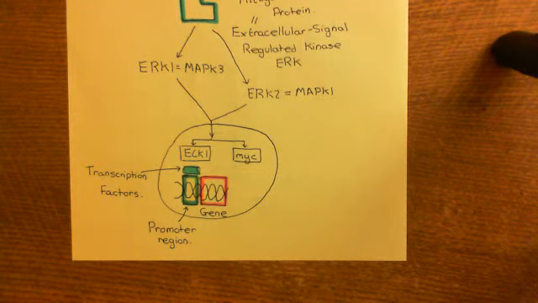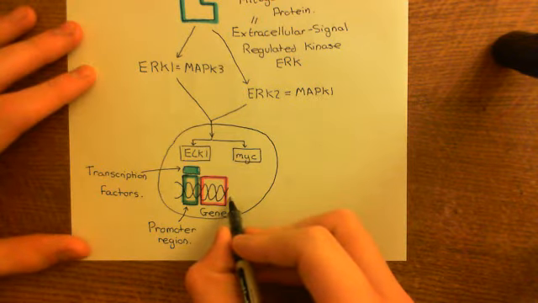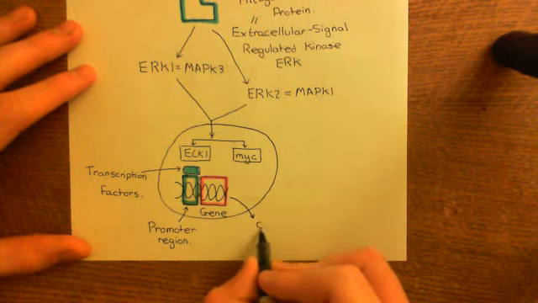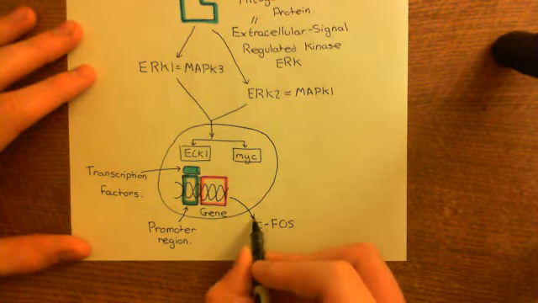Okay, so ELK1 is going to bind to the promoter region upstream of certain genes and increase the expression of those genes. And one of the genes it's going to increase the expression of is actually another transcription factor, which is known as CFOS. So I'll put this here, CFOS.